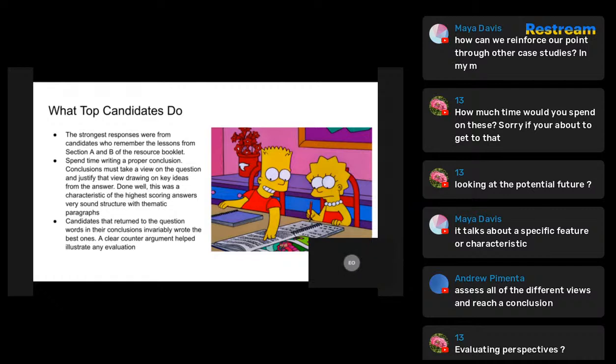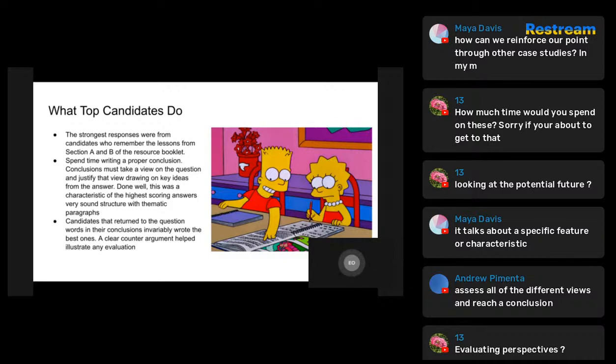Okay. So spend time writing a proper conclusion. Conclusions must take a view on the question and justify that view, drawing on key ideas from the question. Done well, this was a characteristic of the highest scoring answers. Very sound structure with thematic paragraphs. So once again, thematic paragraphs, make sure you're focusing on a specific thing that you're going to be writing about, then tie that back to the original question.